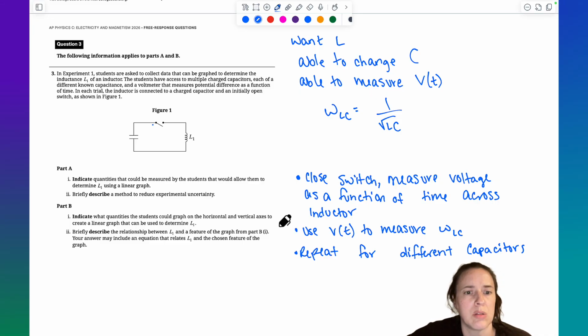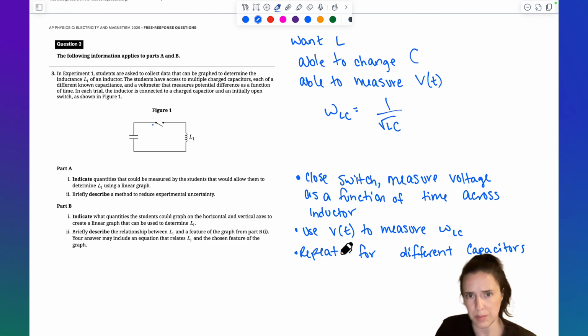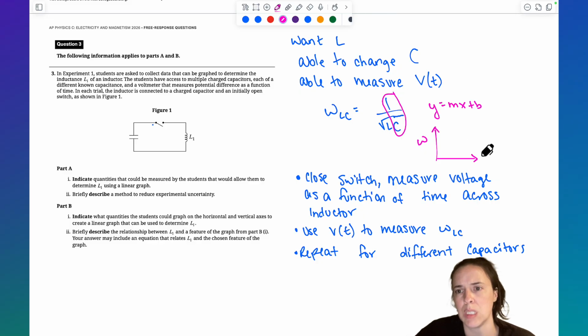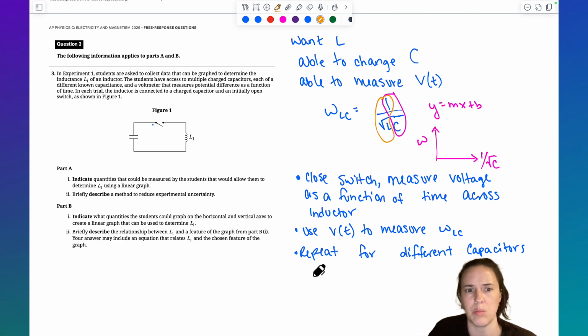Indicate what quantities the students could graph on the horizontal and vertical axes to create a linear graph. So this actually is pretty much already set up for us. So if we compare that to y equals mx plus b, I can put the oscillation frequency on my y-axis. On the x-axis, I can put 1 over root C. And then 1 over root L is going to be my slope.